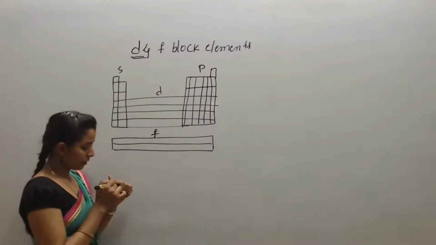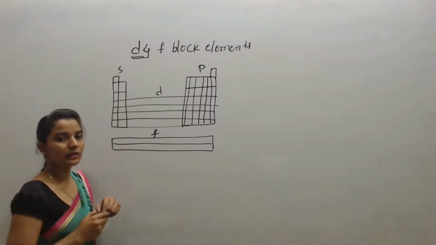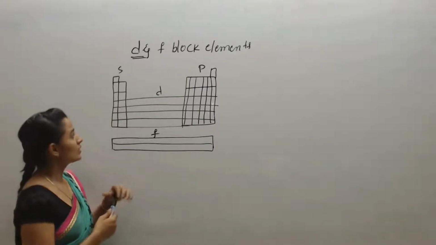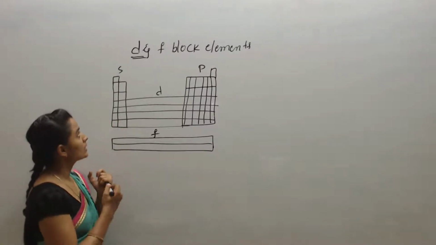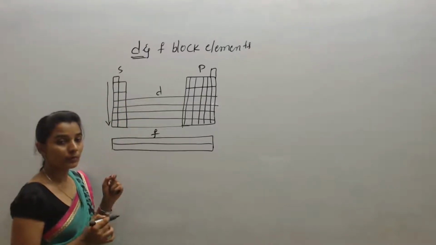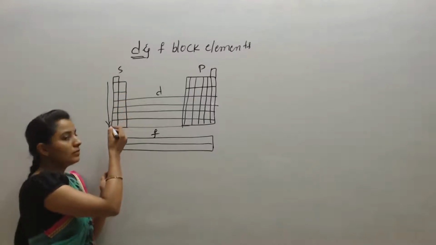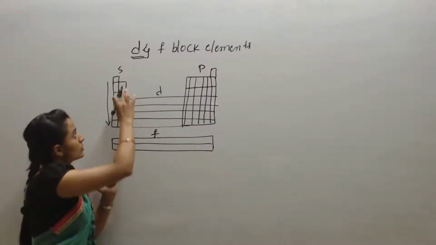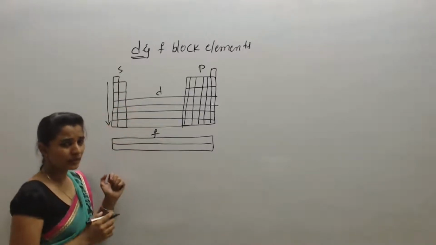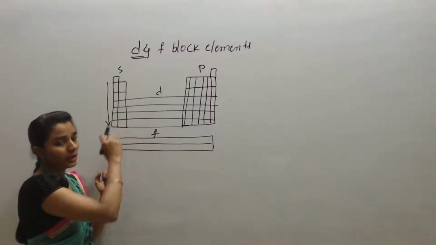In the first year we studied S block and P block elements, correct? In S block elements we consider them along a group: hydrogen, lithium, sodium, potassium, rubidium, cesium, and francium. Like that, also beryllium, magnesium, calcium, strontium, barium, radium.